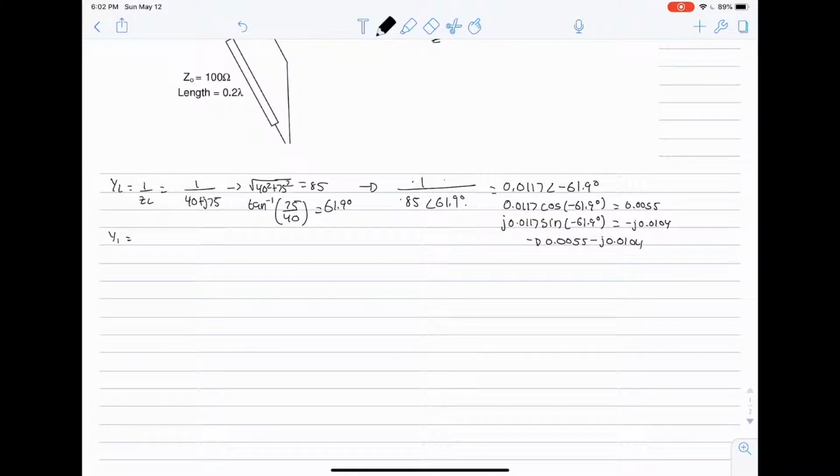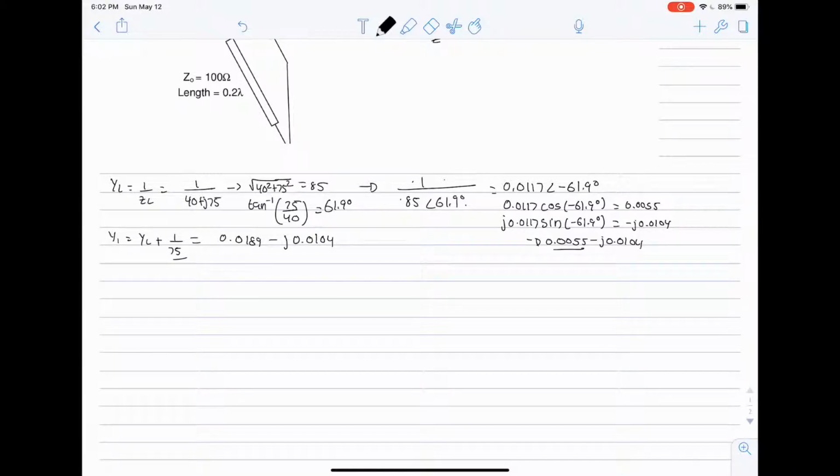So our Y1 is going to be our equivalent admittance, which would be YL plus the admittance of our resistor, which is 1 over the impedance, so 1 over 75. And this is going to give us a real number, so we're going to be adding it to this. So that gives us 0.0189 minus J 0.0104.